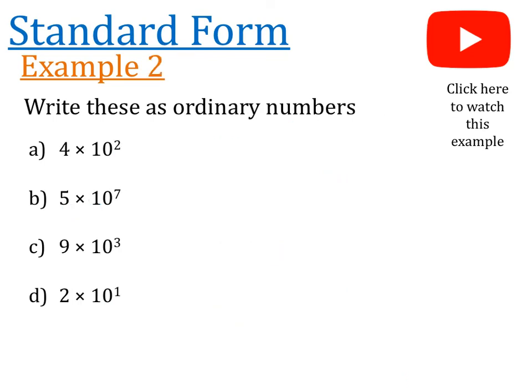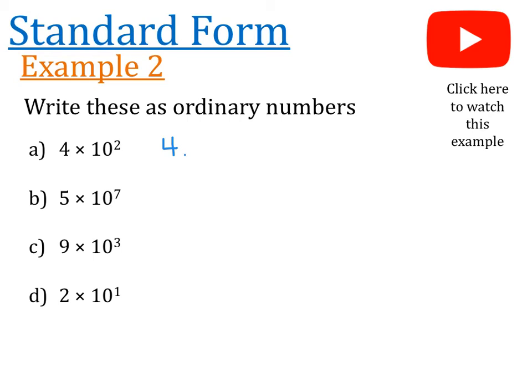All right, the other thing that's really important to know is that if your calculator or the question tells you the answer is 4 times 10 to the power of 2, it's really important that you know what that number actually means. So we have to write these numbers that are in standard form as just regular, ordinary numbers. So the first one says 4 times 10 to the power of 2. So I like to think about that as 4 point.